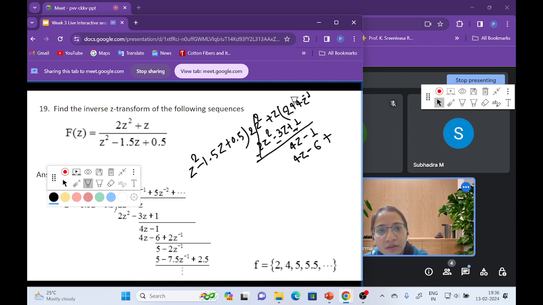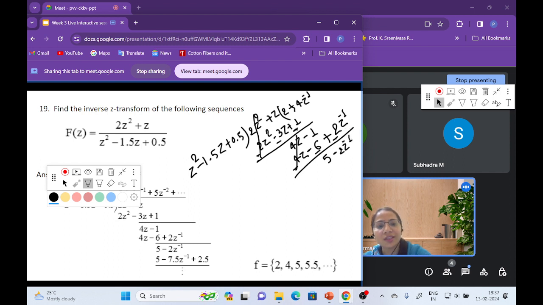Then plus 2, since 4 z inverse multiplied by 0.5 gives 2 z inverse. Plus plus, minus minus, it will be cancelled out. The remainder is 5 minus 2 z inverse.